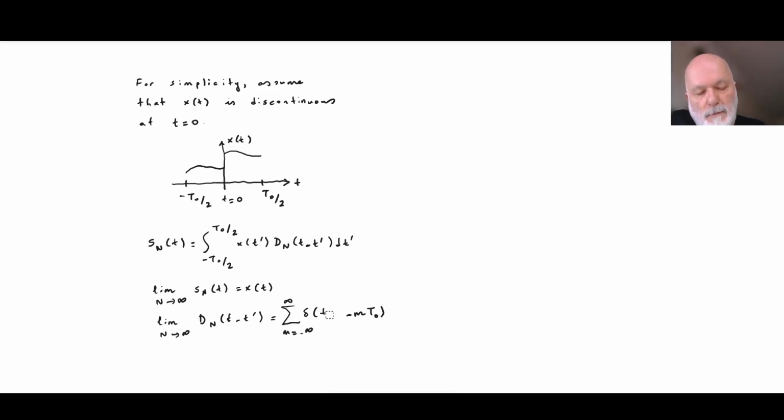Okay, we have t minus t prime, and then the periodic repetition of the impulse with a period t0.